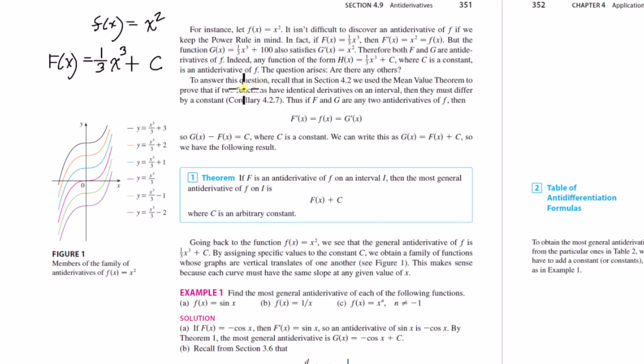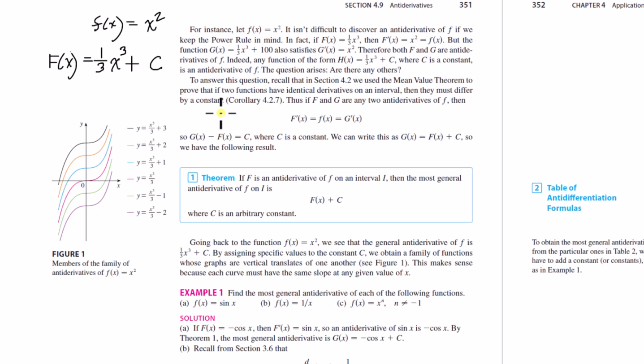The explanation they give says, to answer this question, recall that in section 4.2, we used the mean value theorem to prove that if two functions have identical derivatives on an interval, then they must differ by a constant. That's something we talked about in section 4.2.